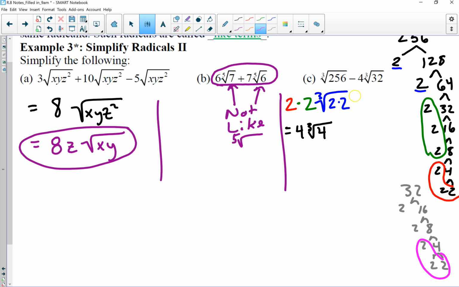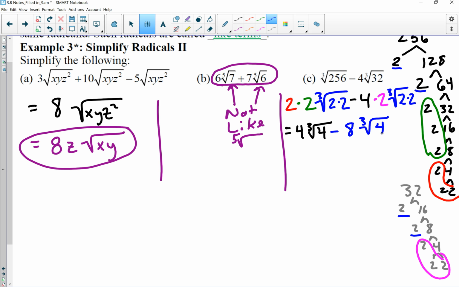So it's still going to be minus the 4 on the outside, but now I can take the triple set of 2's that I found and pull that outside the cube root, and then I'm still going to have those 2 remaining ungrouped values of 2. So 2 times 2. So when this is all multiplied out, it's minus 4 times 2, which is 8, with a cube root of 4.